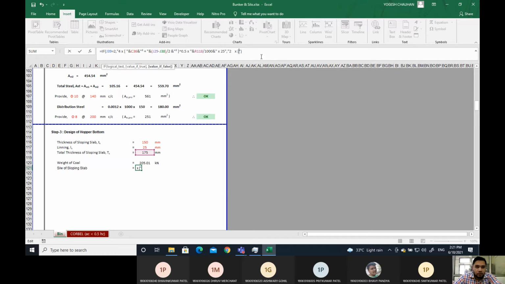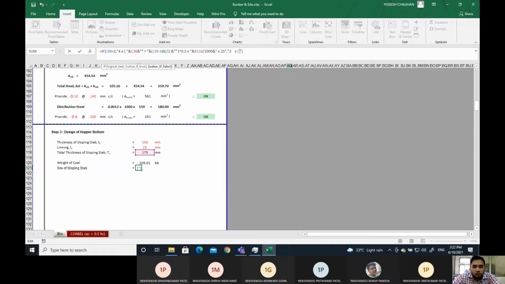bracket. Now again you have to take the average radius of top and bottom circles.